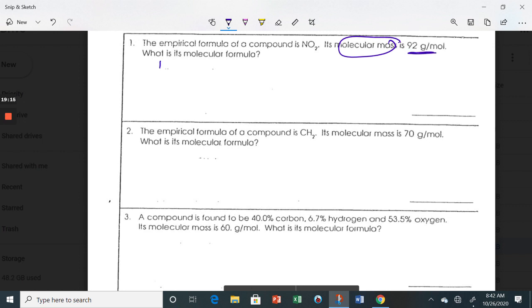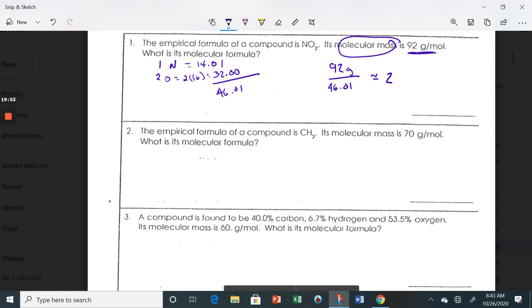So I have 1 N, which is 14.01, and 2 oxygens, so that's equal to 2 times 16, which is 32. I add them up. I have 46.01, and I have 92, so I take the 92 grams, I divide it by the 46.01, which is about equal to 2. It's going to be a little bit less than 2, just a little bit though, because you have the 0.01 there.